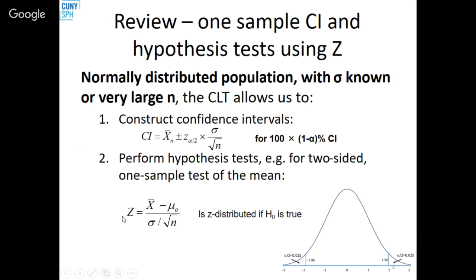you calculate a test statistic from your sample mean minus the hypothesized mean based on your null hypothesis divided by the standard error. And then if you're doing a hypothesis test, you compare that value of z to the critical value, or you calculate a p-value based on this test statistic.